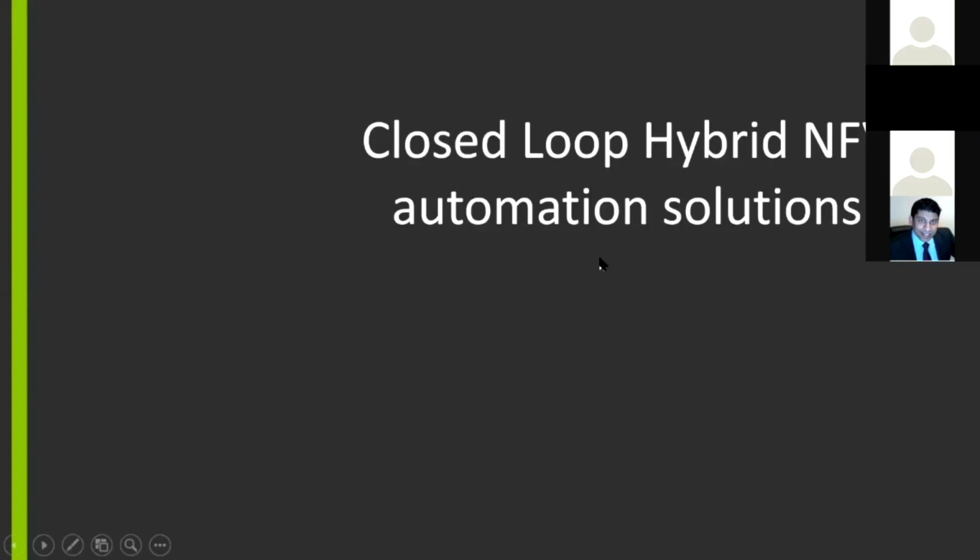Moving one level up the pyramid, these are some of the closed-loop hybrid NFV automation solutions that we provide to our customers today.